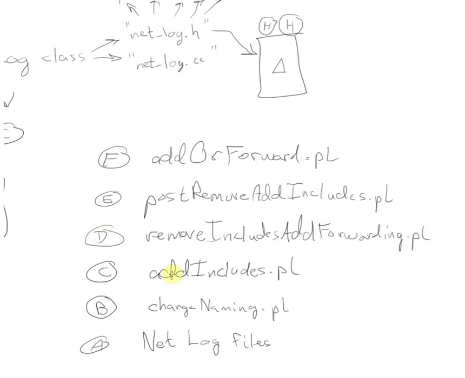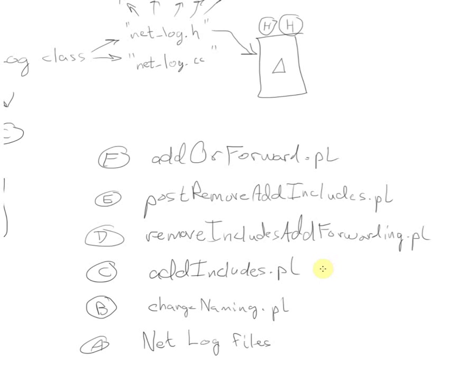I had change naming be done as a way to say, okay, I want to change all my names first and then have my other code hook into the new names. So my rule was to do the changing of the names first, then have other layers hook into the new names. Then add includes.